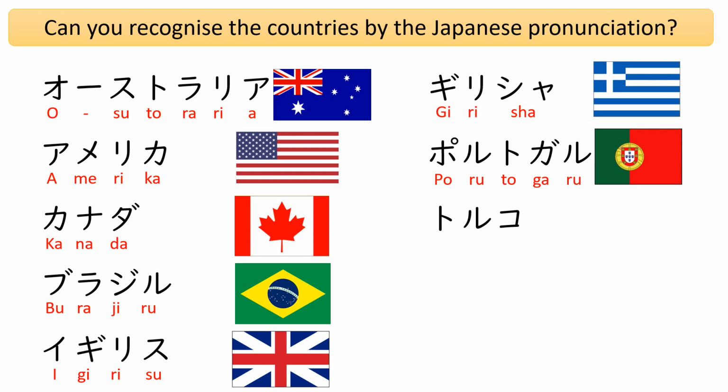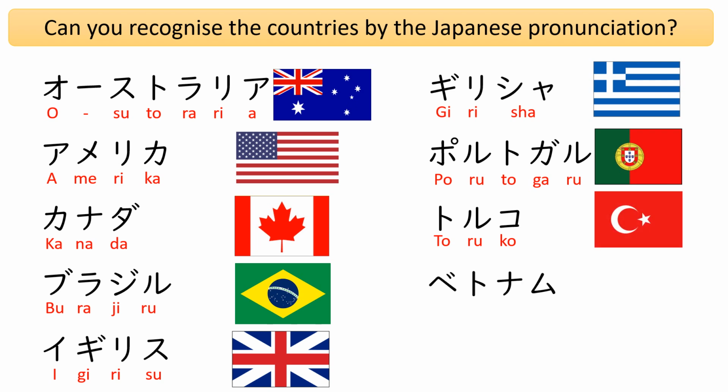Next one is トルコ。何ですか?It is Turkey. Next one is ベトナム。何ですか?It is Vietnam.